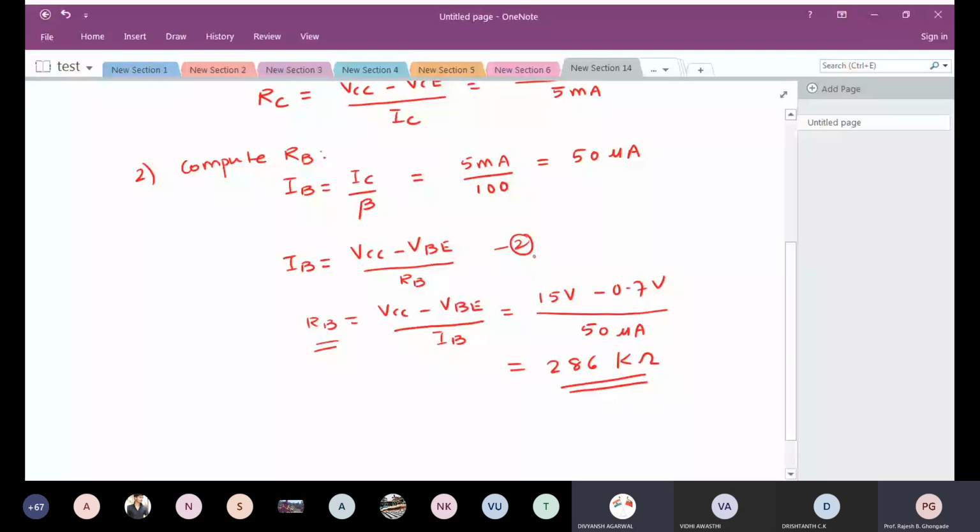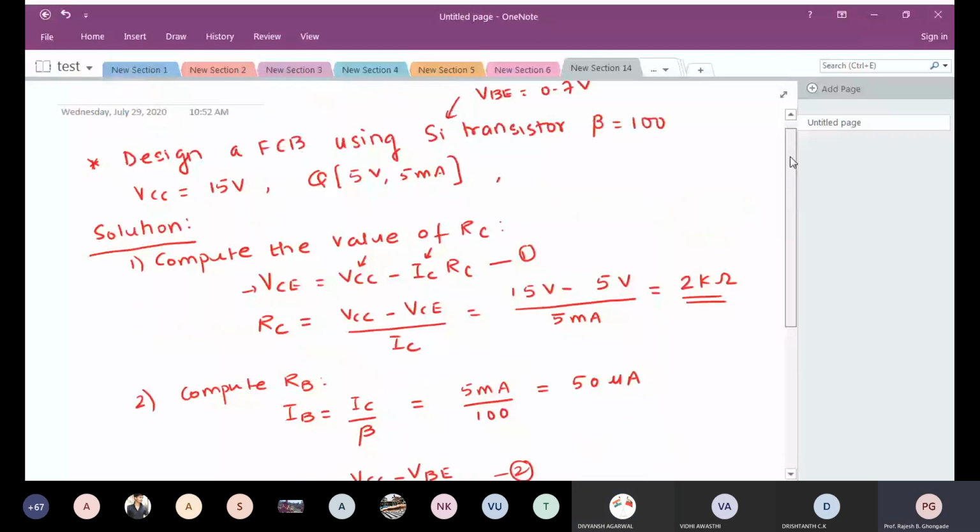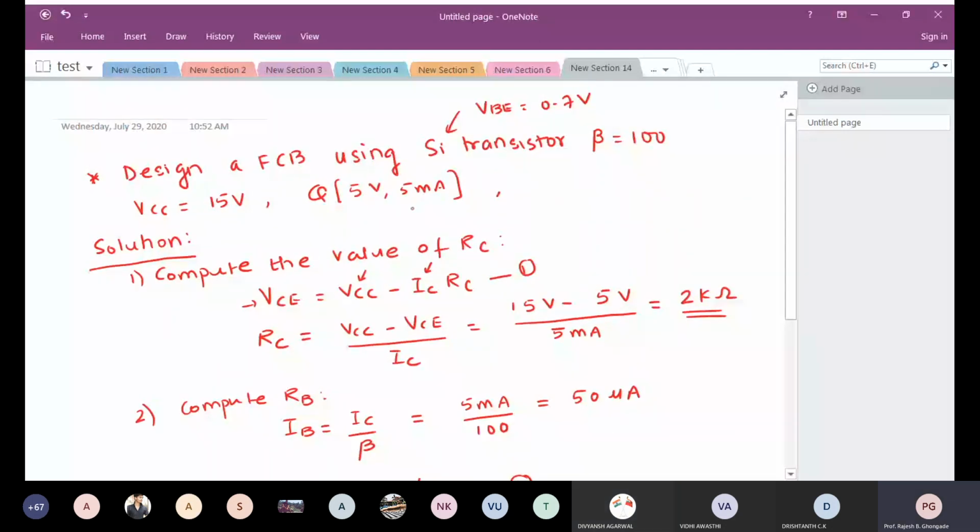So today, let us summarize. We started off with the concept of Q point. I discussed how to draw the DC load line, and we also said that the Q point stability is important, otherwise there will be distortion in the output signal.